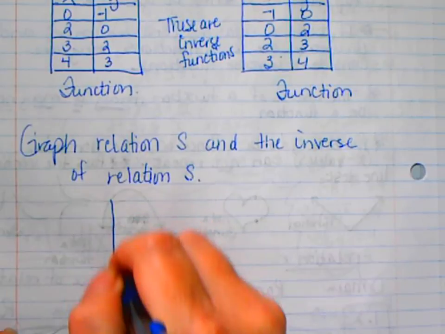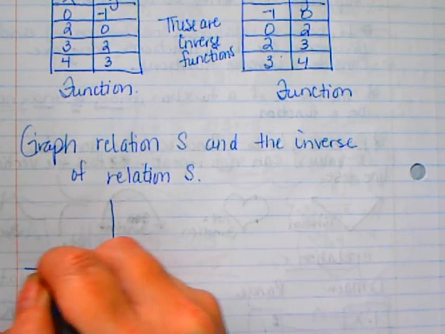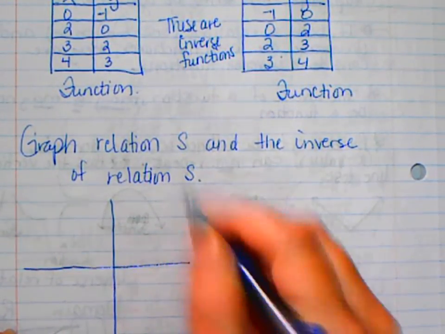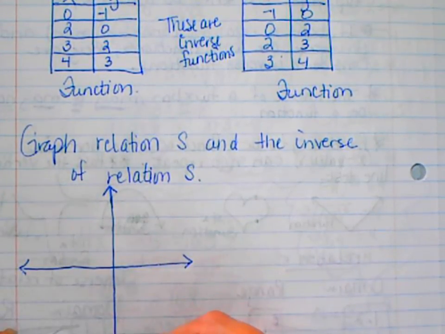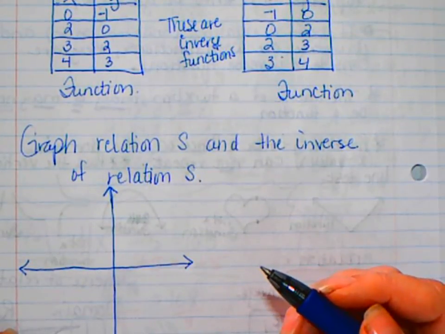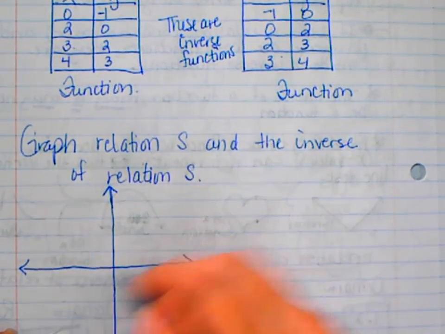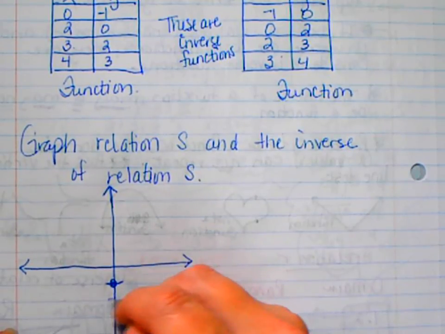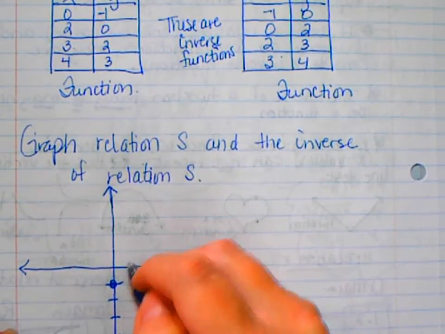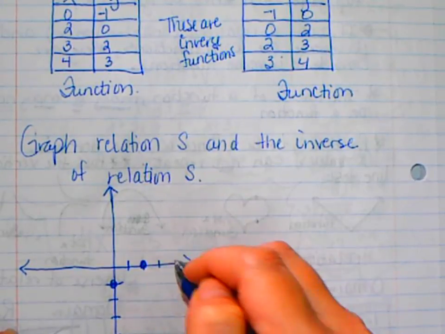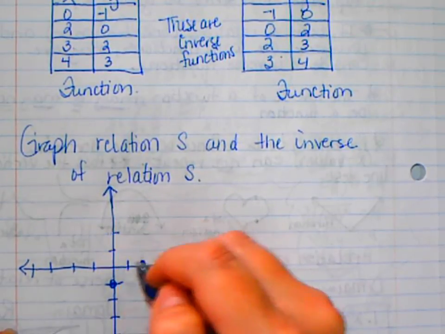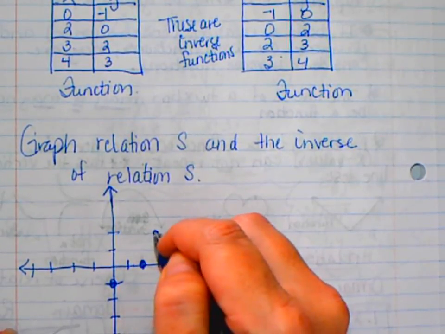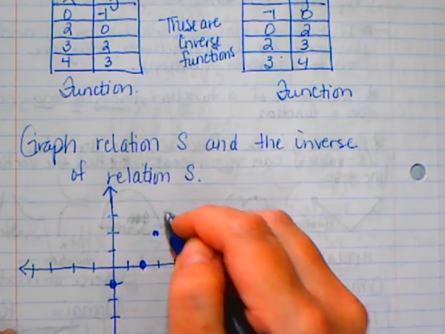And I am going to put those on two different graphs. My first one will be for relation S, which has ordered pairs at (0, -1), (2, 0), (3, 2), and (4, 3).